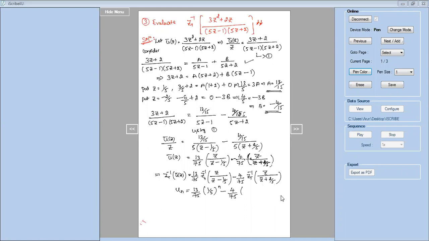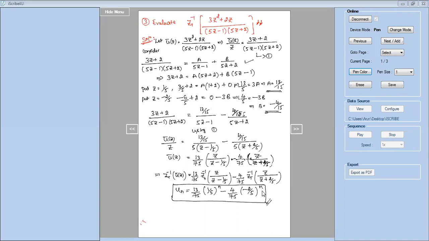Yes, minus 2 by 5. See, here you have minus means here you get plus. But if you have plus, the answer is minus 2 by 5 whole power n. Right? So this is our un. So this is the required inverse Z transformation of your problem.